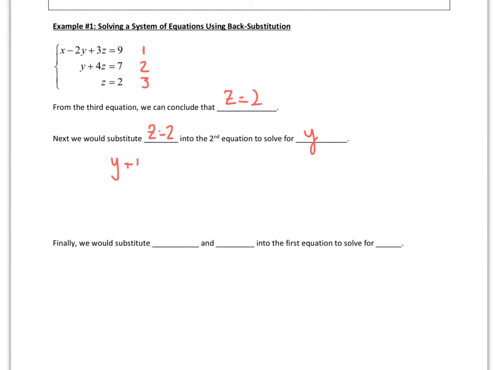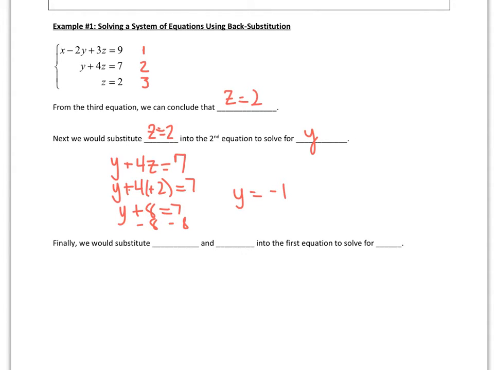So let's take the second equation and plug in z, positive 2. So y plus 8 equals 7. And then we could subtract 8 on both sides. And y is equal to negative 1.